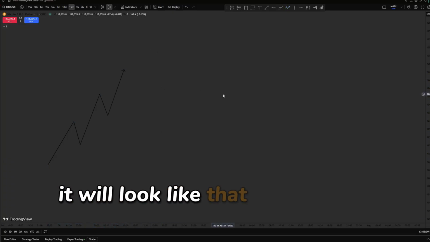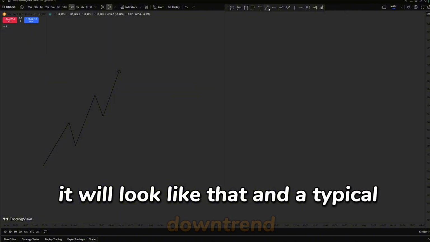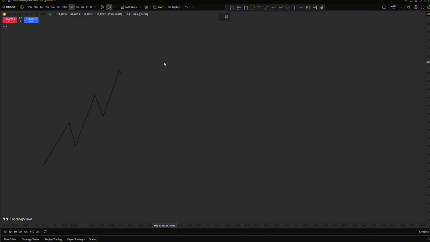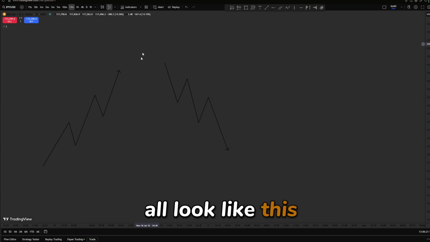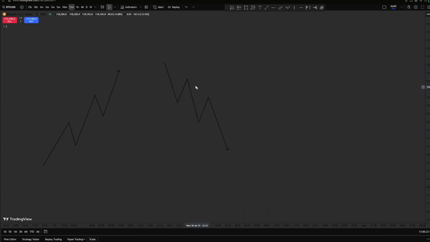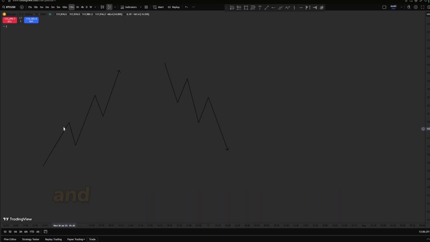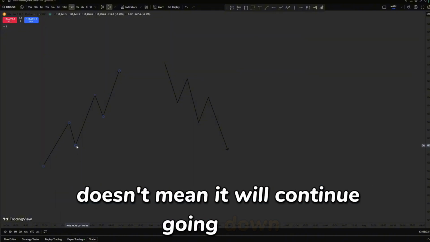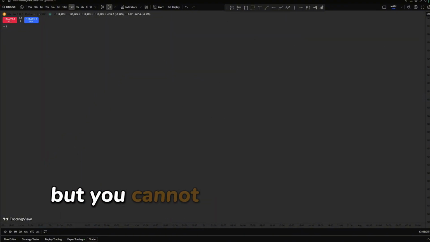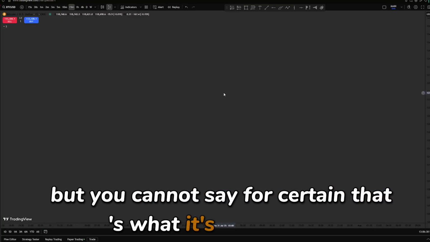Will look like that. And a typical downtrend will look like this. This is just sort of what price is doing, and just because it's coming back down doesn't mean it will continue going down. But you cannot say for certain that's what it's going to do.